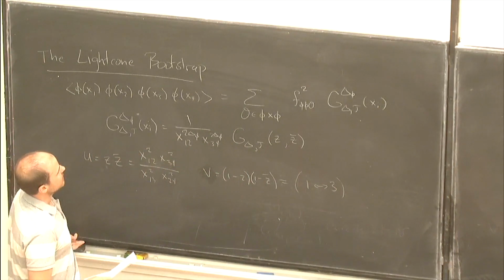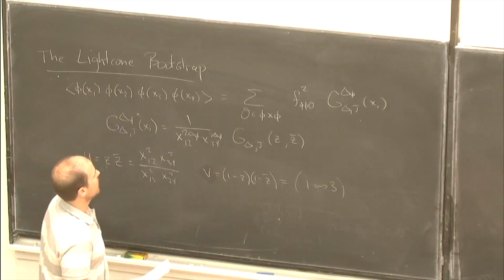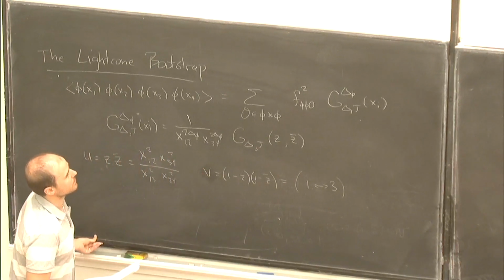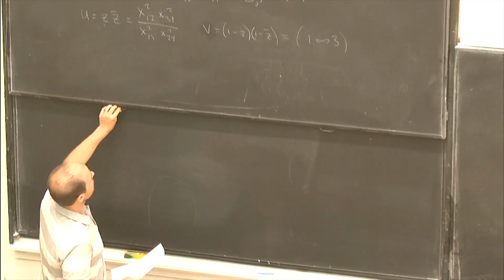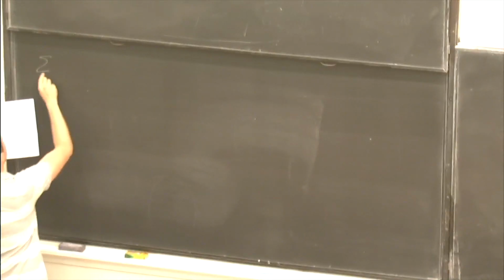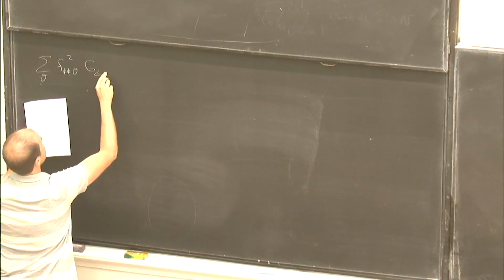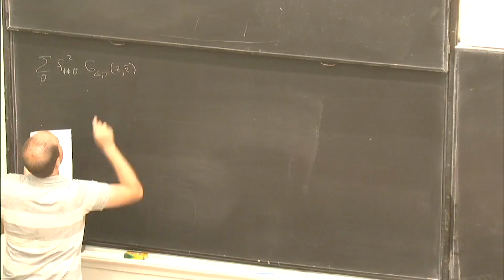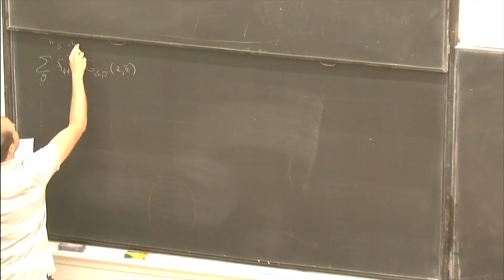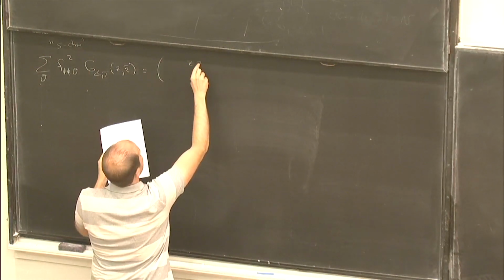And demanding that this function be permutation invariant, we get an interesting equation relating the dimensions and spins and OPE coefficients to each other, and that's the statement of crossing symmetry. So the crossing symmetry equation says that a sum over O of f phi O squared g delta j of z z bar, and I'll call this the S-channel expansion, is equal to a sum over conformal blocks in the T-channel.